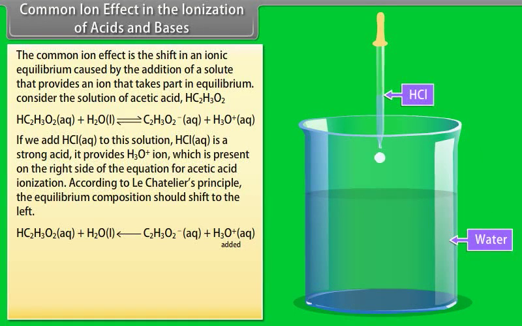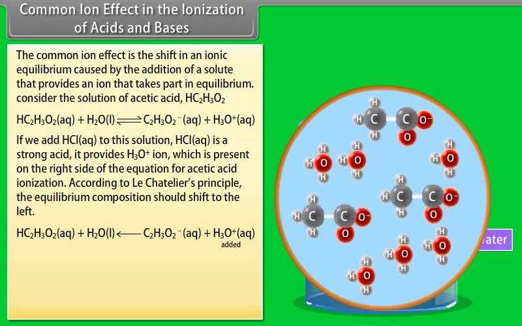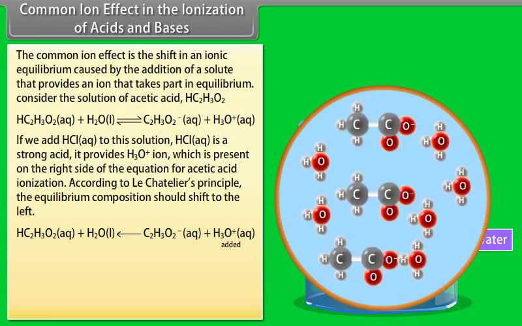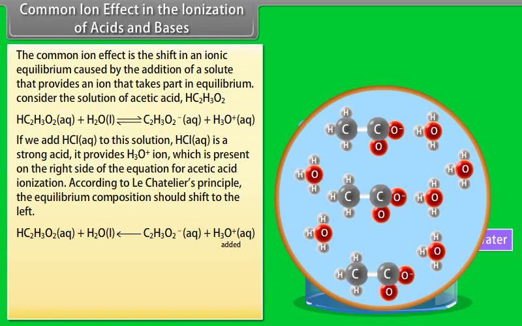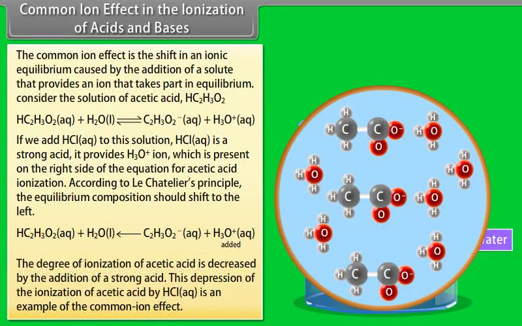If we add aqueous HCl, a strong acid, to this solution, it provides H3O+ ion, which is present on the right side of the equation for acetic acid ionization. According to Le Chatelier's principle, the equilibrium composition should shift to the left. The degree of ionization of acetic acid is decreased by the addition of a strong acid. This depression of the ionization of acetic acid by HCl is an example of the common ion effect.